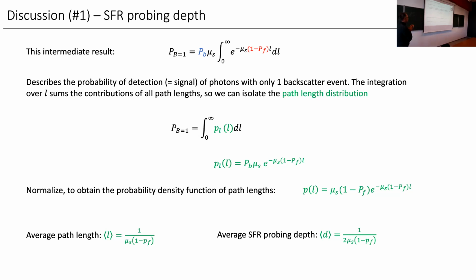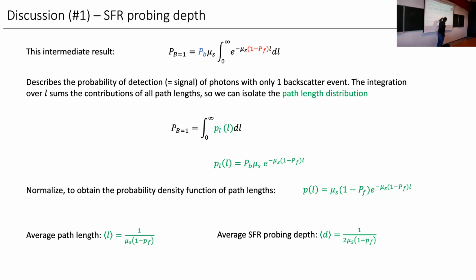So you can try to analyze a couple of properties from that. If we take one of the intermediate results here for the probability of detecting the signal with only one backscattering event, this integration sums over the path length. That means that whatever is within the integral is actually the distribution of path length, so we can isolate that.